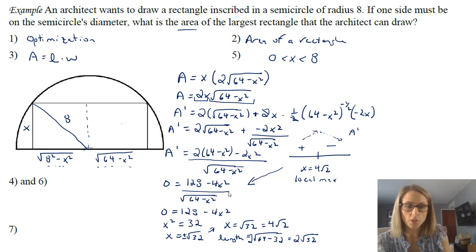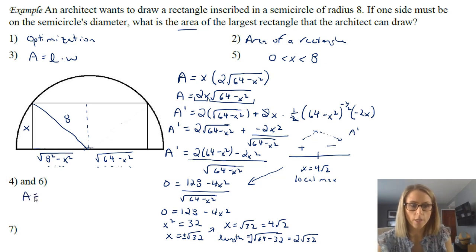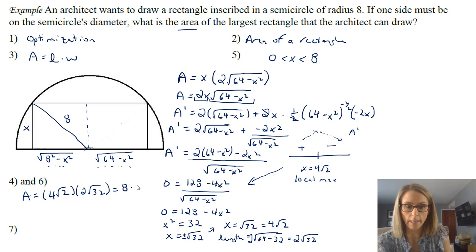Now, the question actually asks, I'll bring it over here. The question asks, what is the area of the largest rectangle? So area is going to be x times y, y being the length, 4 root 2 times 2 root 32. I did that kind of weird, but the point is you get basically 8 times the square root of 64, which is 8, so you get 8 times 8. So you get 64.